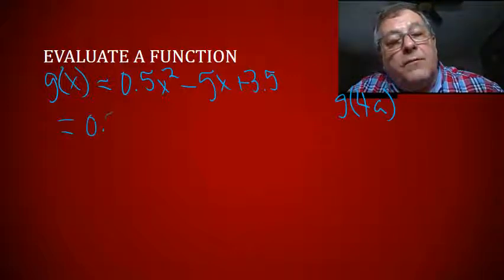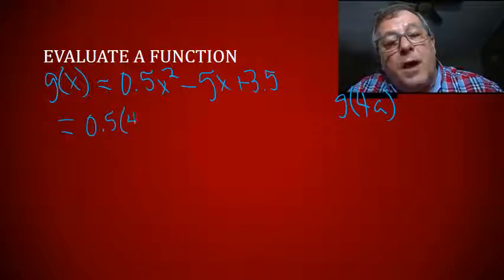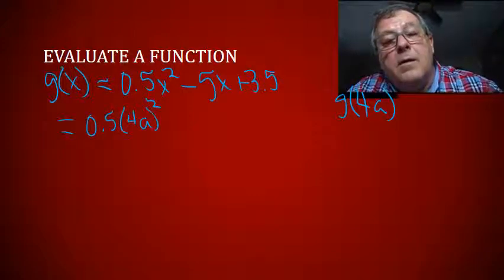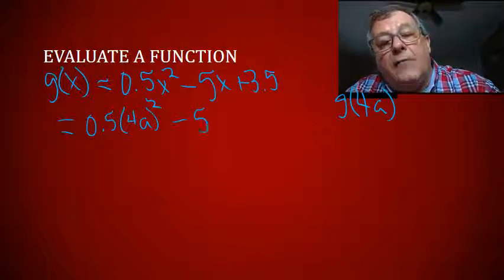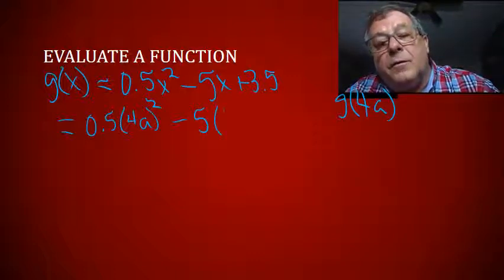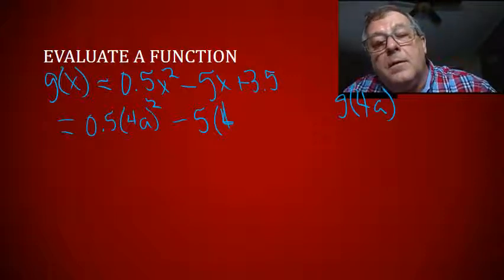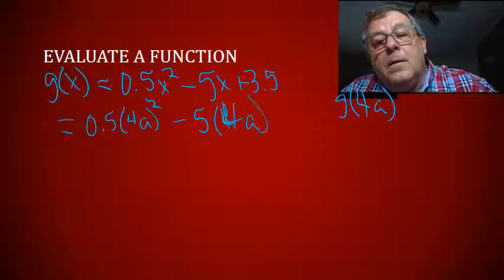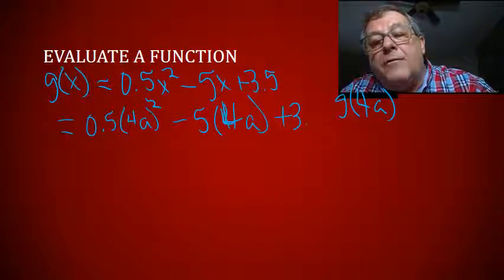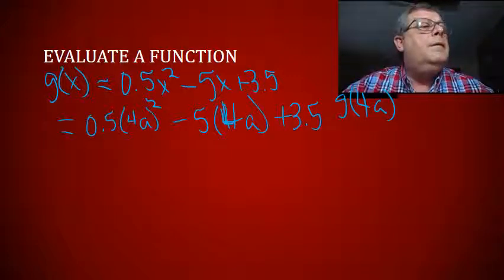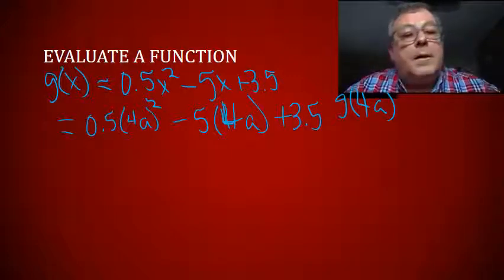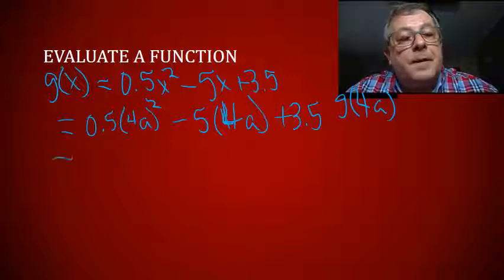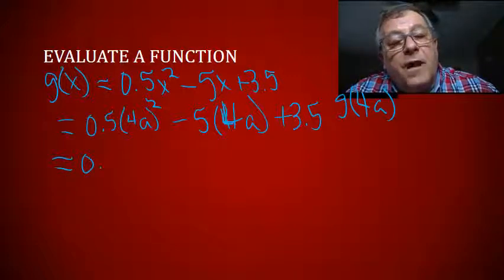We've got 0.5 times 4a squared, less 5, or negative 5, times 4a, plus 3.5. Okay, so let's see. I'm going to have 0.5.